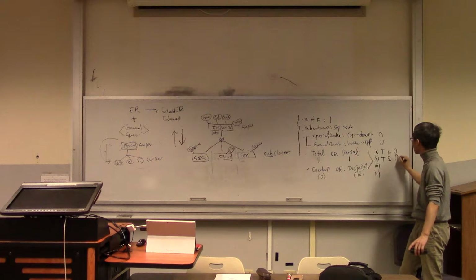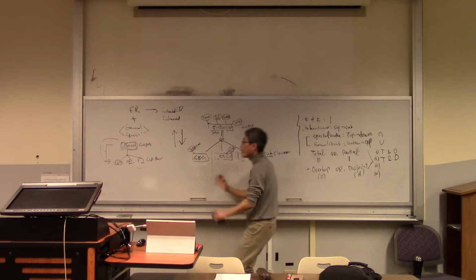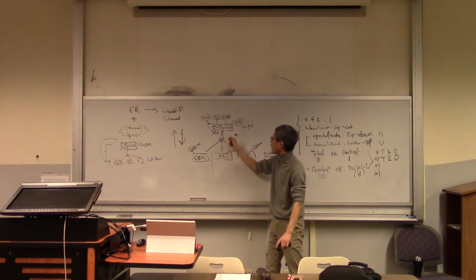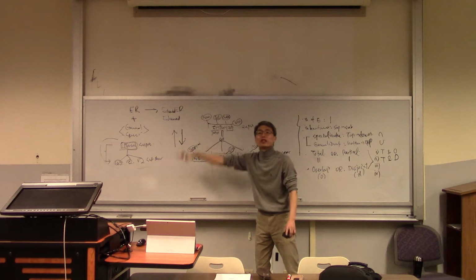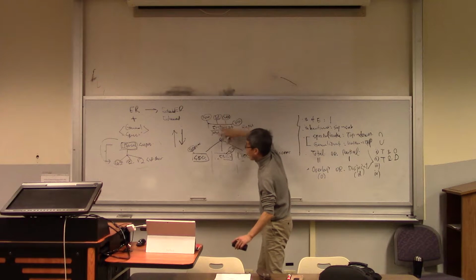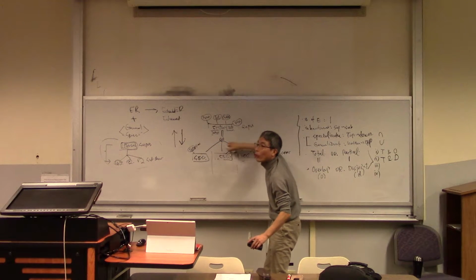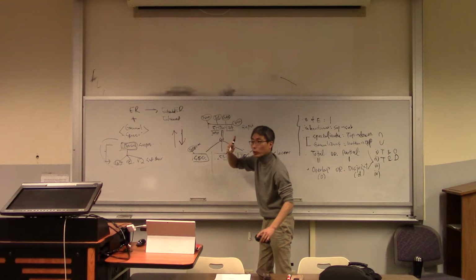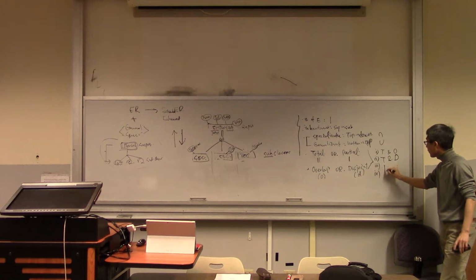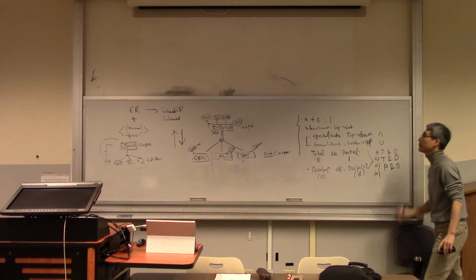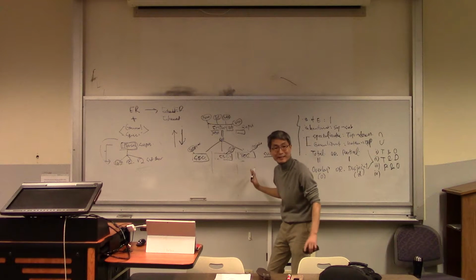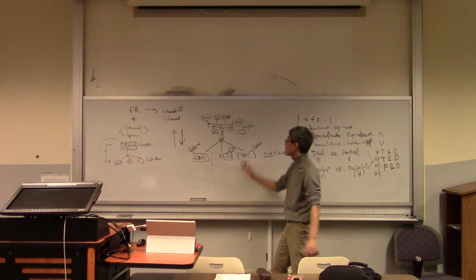Total and disjoint means all employees are at most one of these. But it's not allowed to be just an employee. Total means all employees should be in one of these only. Okay, disjoint. That is total disjoint. And partial overlap means there might be an employee who does not belong to any of these. That's allowed. But it's an overlap.